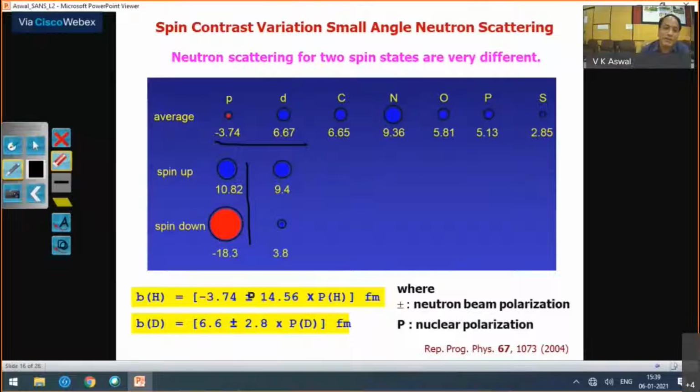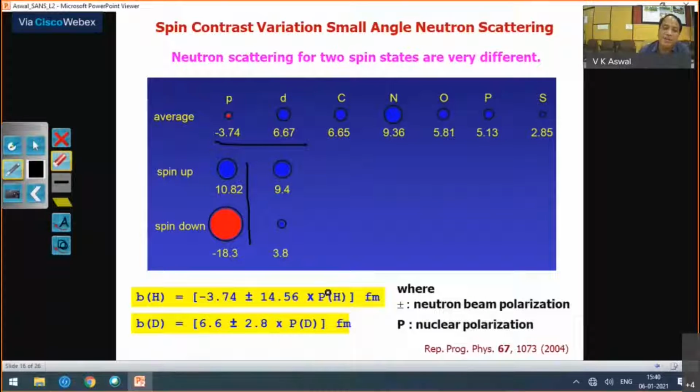So this is not difficult actually. To polarize a neutron beam is not difficult. You may have seen this in polarized neutron diffraction. But what is difficult is polarizing the nuclei, because the magnetic moment of nuclei is very small. So in principle, you'll need very, very high magnetic field and very, very low temperatures to be able to align these nuclei.